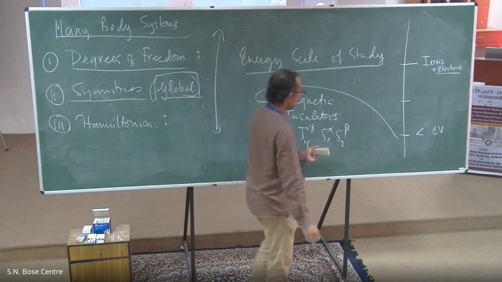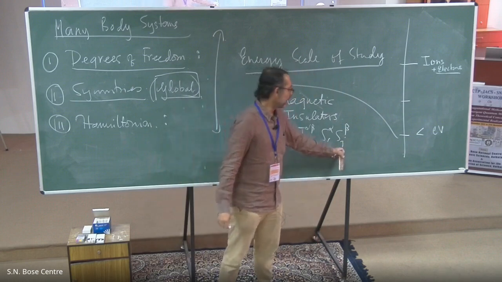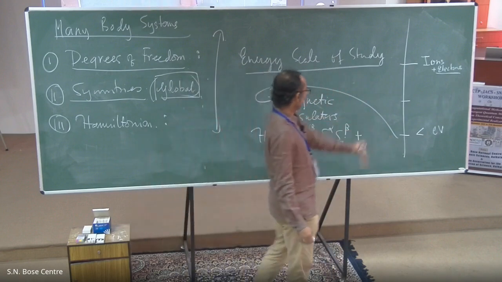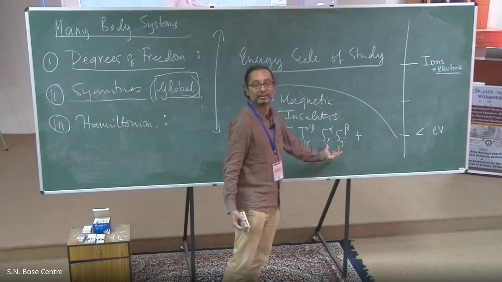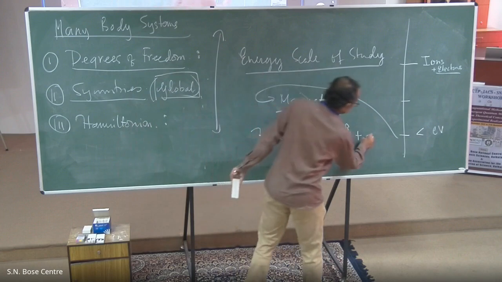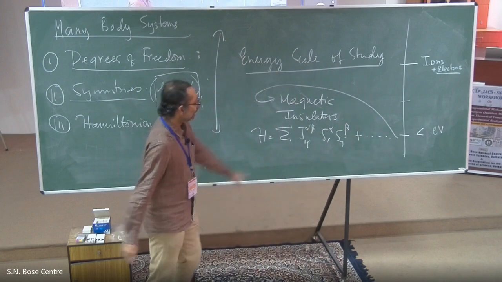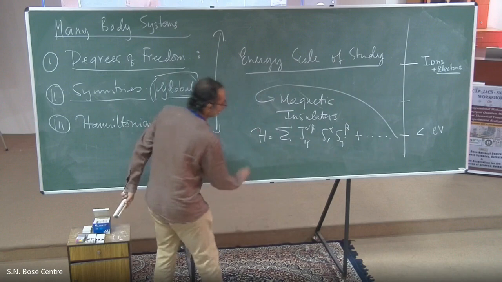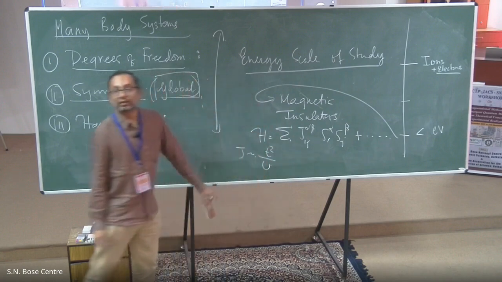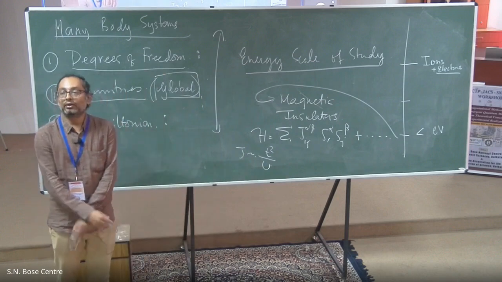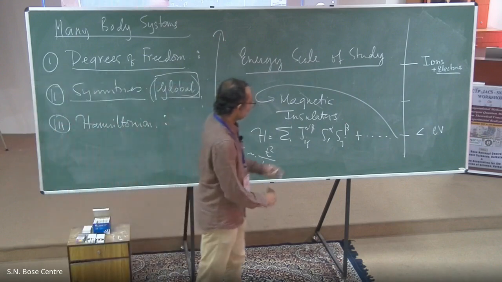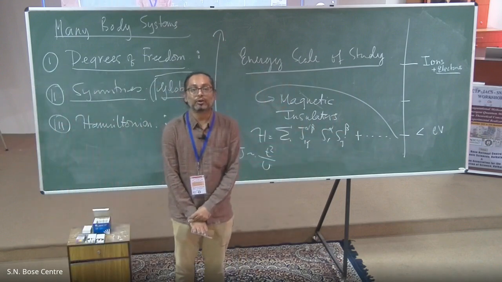And then this is a spin exchange. I can have further, not only two-spin exchange, but more spins interacting. I'll write down another Hamiltonian for this. And this typically has the form t squared over U times J. That's the second order perturbation theory that all of you must have done.